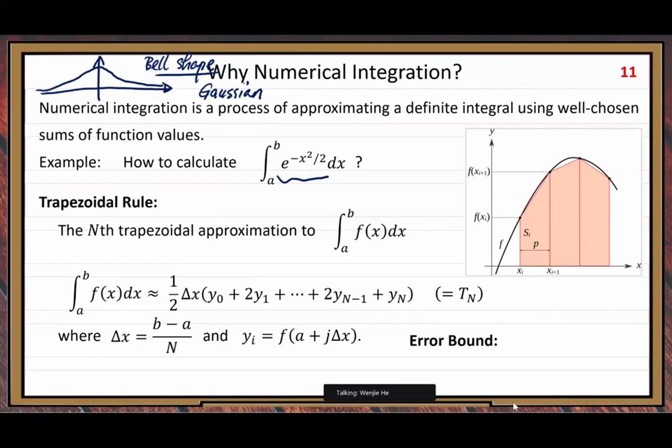In real-world applications, after you provide the final answer, people want to know how good the approximation is. If the error estimate shows the error is controlled in a very small range, people will feel confident that this solution is acceptable.